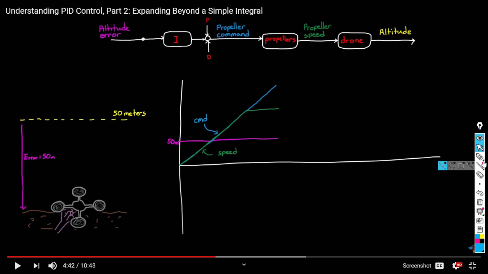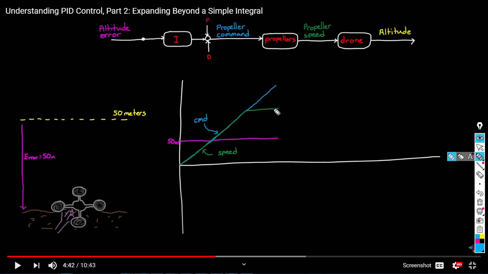Saturation. Saturation, because your controller requested a speed for your drone, because at the end this speed will give you the thrust force to push your drone up. The controller is requesting a very high speed that your propeller is not able to provide.